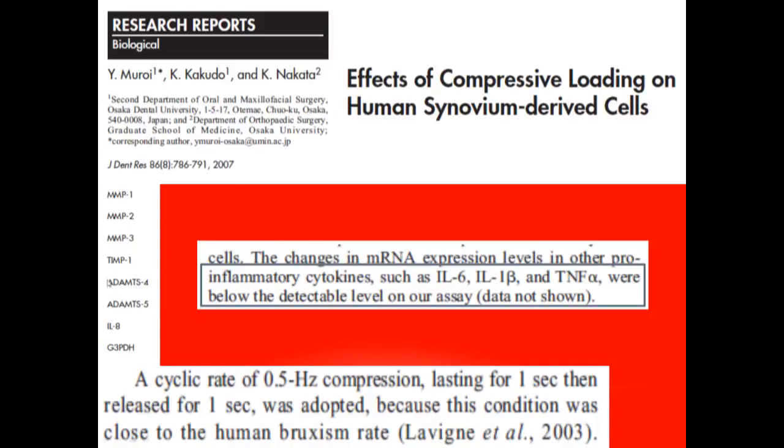What was being produced are other inflammatory mediators on the left, and notice interleukin 8, which was not part of the quatrain I showed you in the prior article by Matsumoto. Now this is interesting because now if I have inflammatory changes in most joints where synovial fluid is being evaluated by assays, then I have to describe where IL-6, IL-1, and TNF alpha, tumor necrosis factor alpha, comes from.